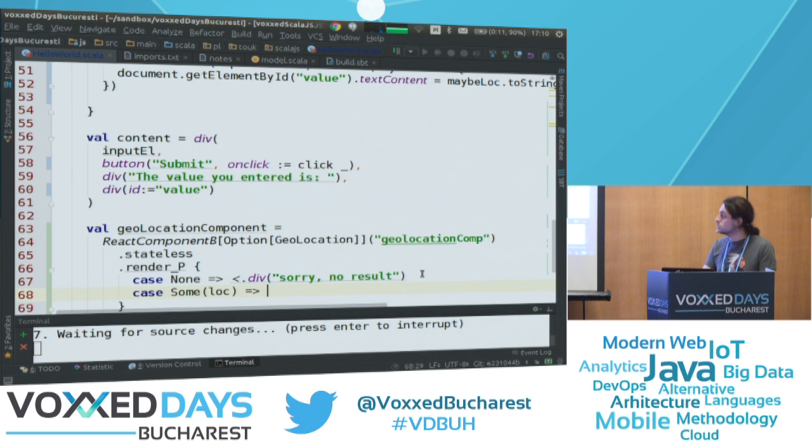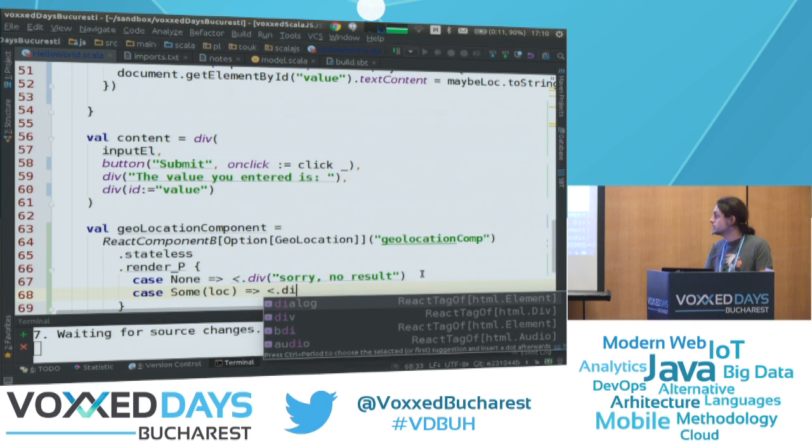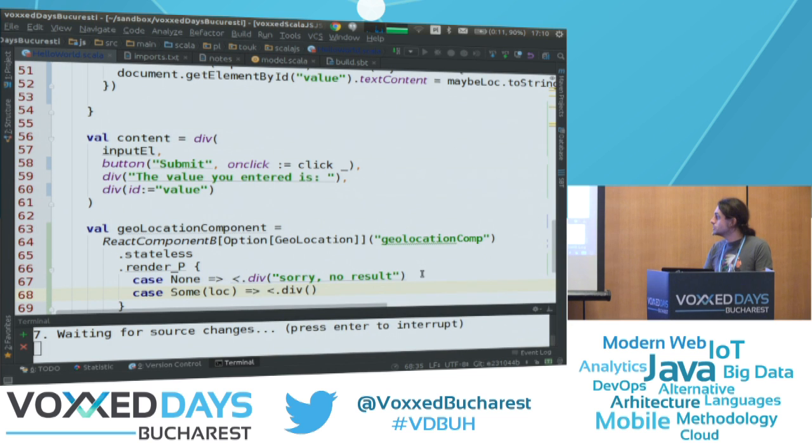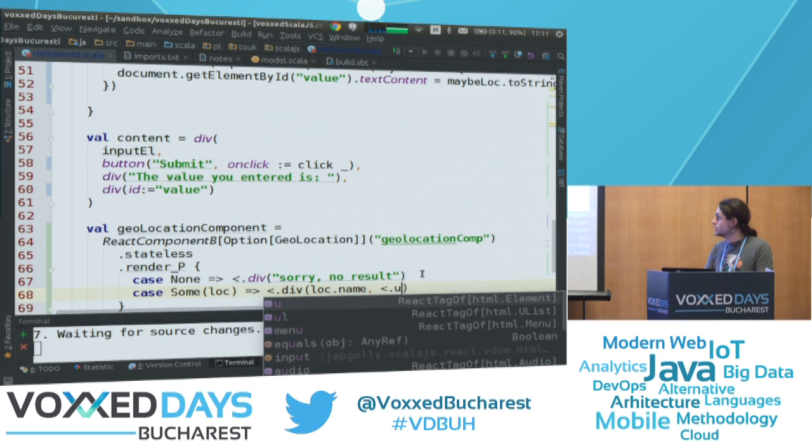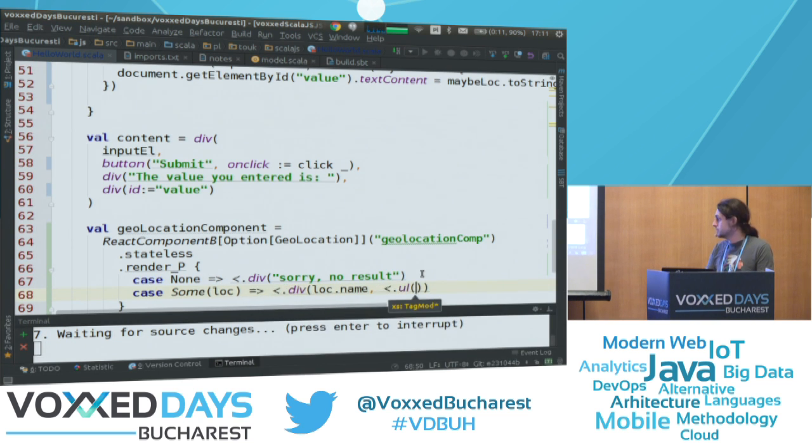And if we have some location, what do we do? Well, probably we want to display the name of the location, and maybe, because why not, we can display the list of comments.